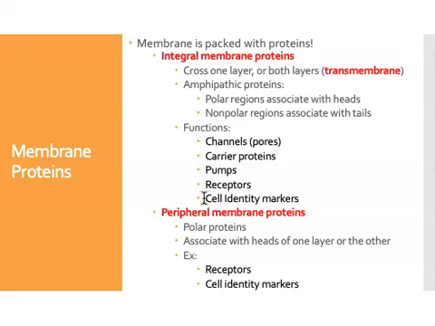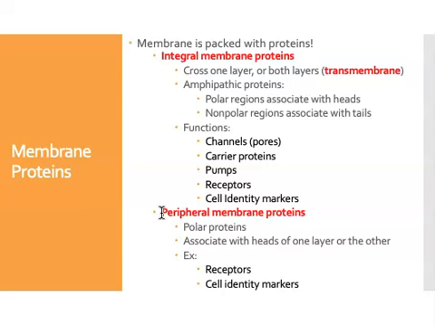The other class of membrane proteins are called peripheral membrane proteins. Like the name suggests, these proteins are on the periphery of the membrane. They don't cross into the tail region.